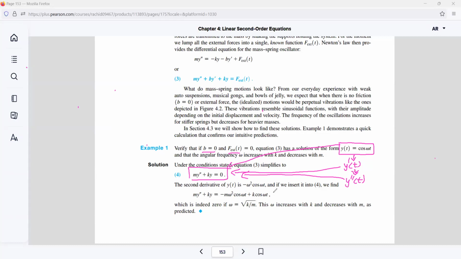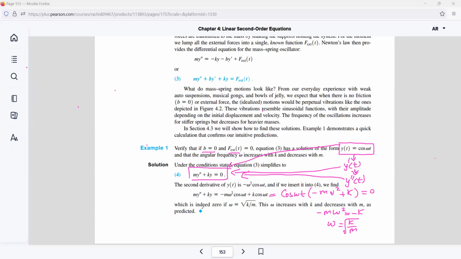Let's show it here. If we factor out cosine omega t, we get negative m omega squared plus k equals 0, which means negative m omega squared equals negative k, which means omega squared is k over m.